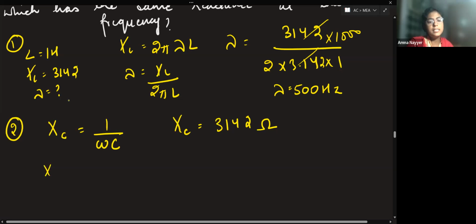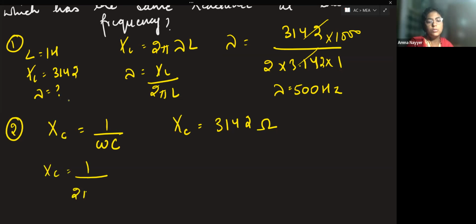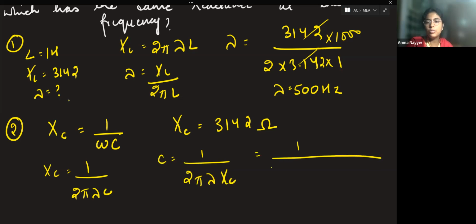So XC will be equal to 1 by 2 pi nu C. Capacitance will be equal to 1 by 2 pi nu XC, which will be 1 by 2 into 3.14 into 500 into 3142. This much Farad you will get as the capacitance.